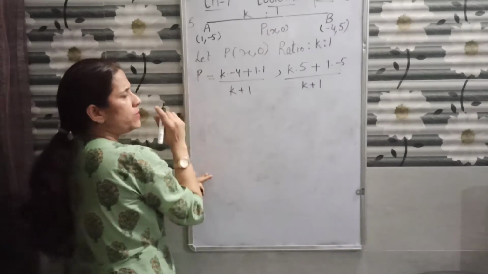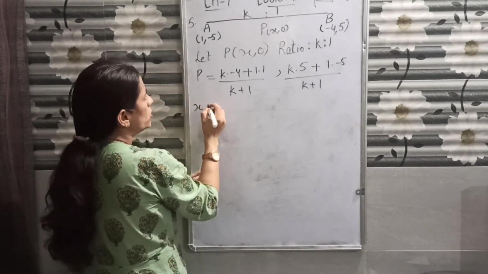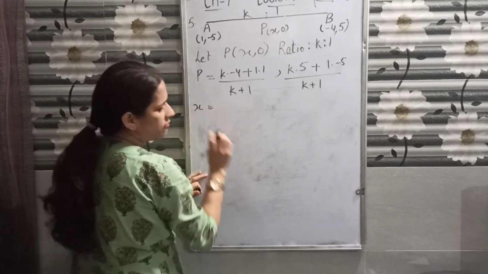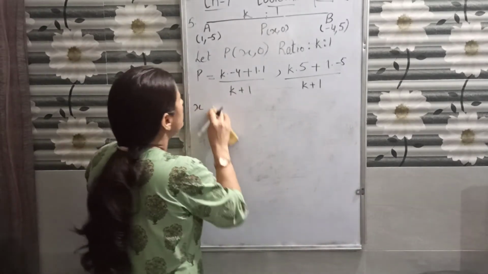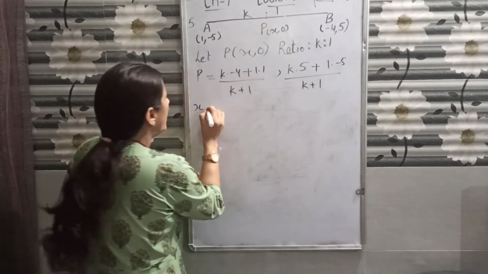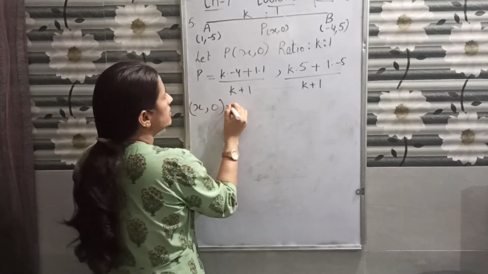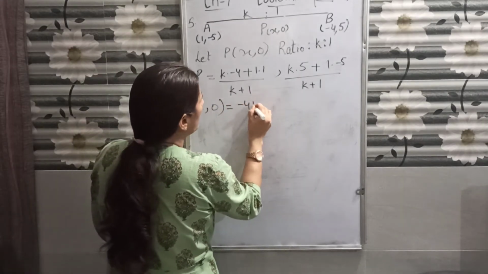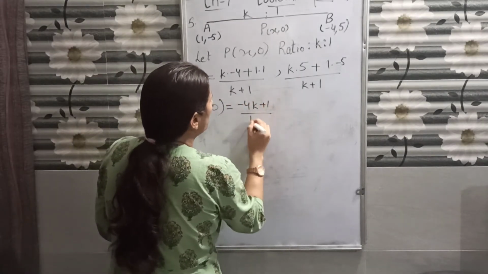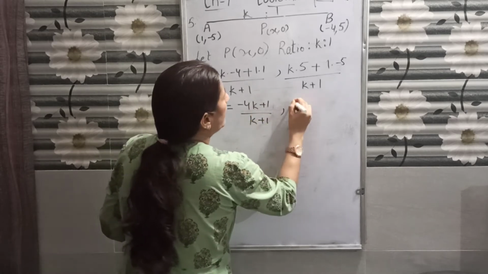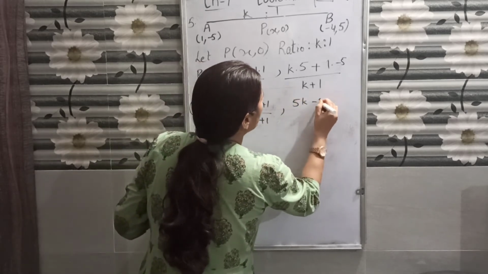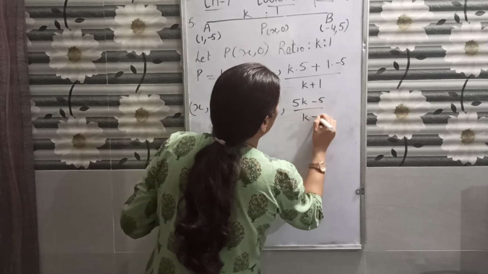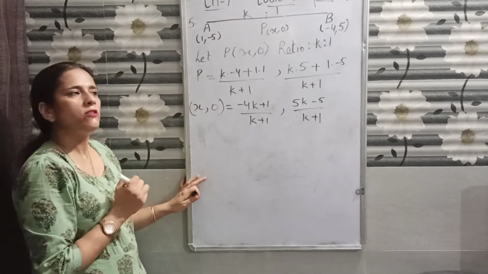Now this point P is x0, and this is equal to minus 4k plus 1 upon k plus 1, and then 5k minus 5 upon k plus 1. Now what we have to do?